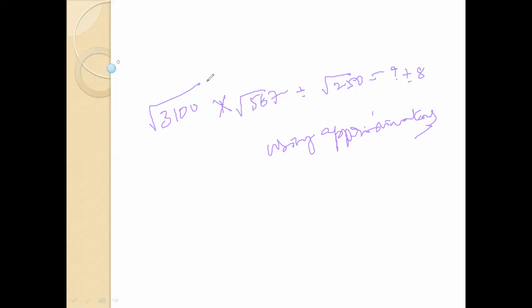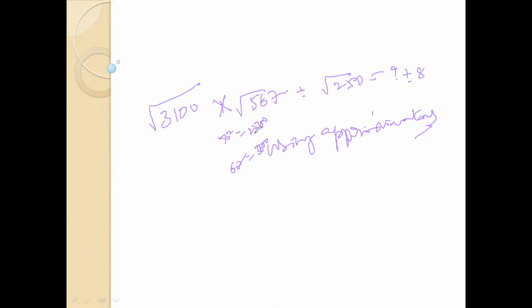Do this one quickly. Square root of 3100. 50 square is 2500, 60 square is 3600.